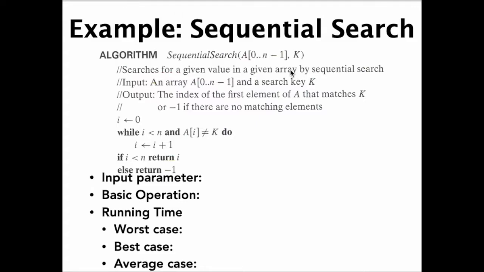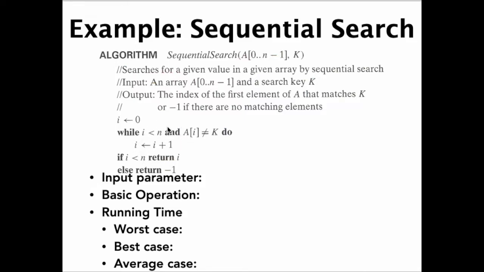And for the search problem, the input is the array with n elements, and we have k as the search key. So, simple lang yung algorithm. The algorithm will try to look for that k in this array by checking each of the indices from the starting index up to the last position.